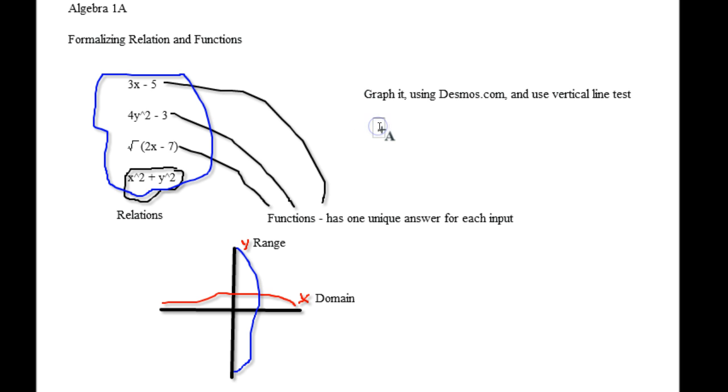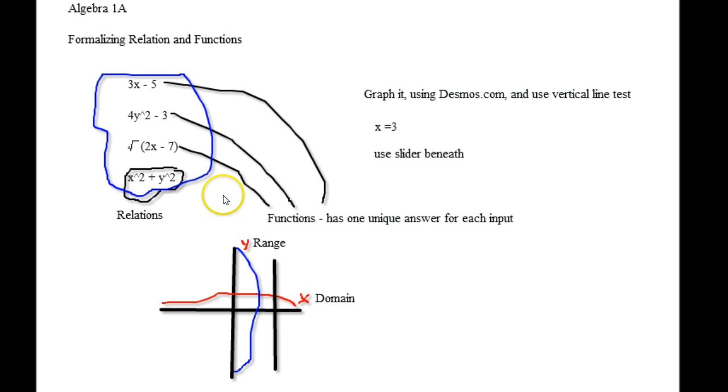The best way to use the vertical line test is to set x equal to any number and then use the slider beneath. So you don't have to always set it to x equals 3. If you just set it to x equals 5 or x equals 7, you'll get a line that looks pretty much like this, and you can use the vertical line test.